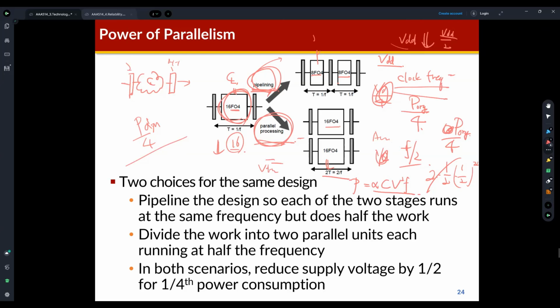Now, which one is better if we consider the static power? This one or this one? Static power is proportional to the area. So which one has the larger area?